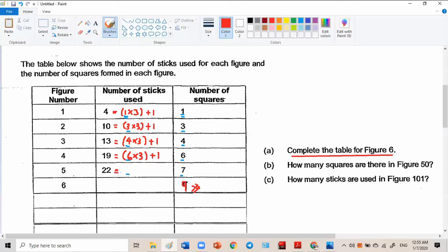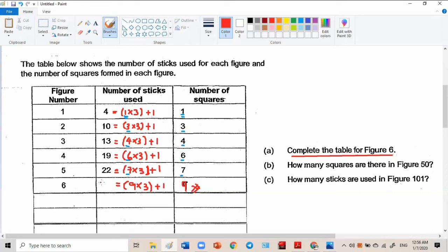The last one here, 22, is equal to taking the 7 from the number of squares, times 3, plus 1. Wonderful. We are getting it, people, right? So here, 9, needless to say, I will have to take 9 times 3, which is 27, plus 1.